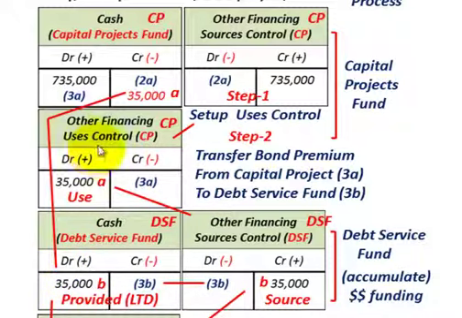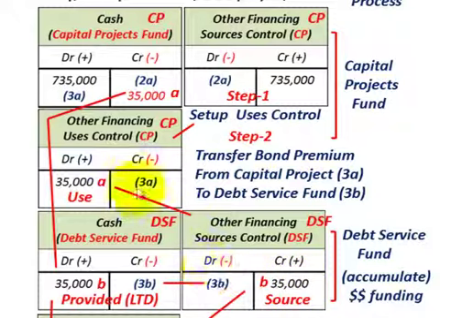So what we've done is taken our cash out of our capital projects fund and brought it into the cash account in our debt service fund, but we did it through these uses and sources accounts. Other financing uses control, we would have debited in our capital projects fund for $35,000, and then the credit would go to other financing sources for $35,000.